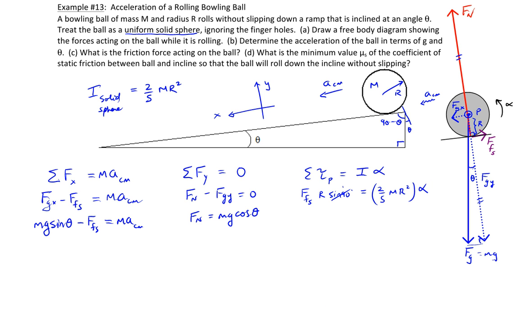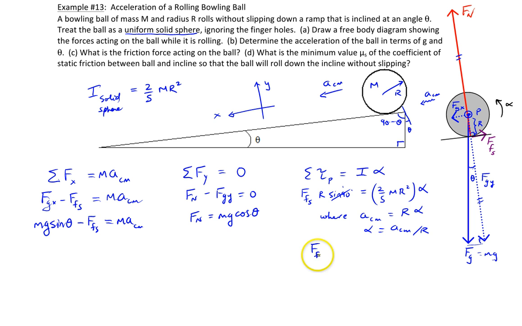Now we want to relate the angular quantities to the linear quantities. And if you recall, the acceleration of the center of mass is really equal to the radius multiplied by the angular acceleration. So let's replace this angular acceleration with the acceleration of the center of mass divided by the radius.